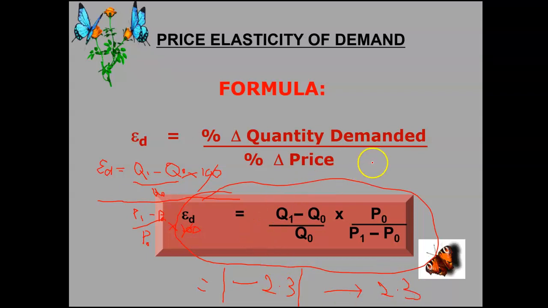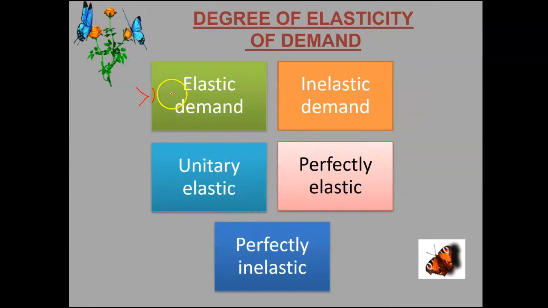Okay, pagarkan dia. So if you get an answer greater than 1, 1.4, 2.10, 2.5, 10.3 contoh, okay. So jawapan dia, degree of elasticity dia adalah elastic demand. If you get less than 1, it means that maybe 0.2, 0.1, 0.5.